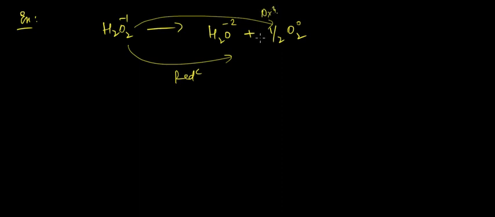Is it oxidation? Yes, this is oxidation. Why? Because H2O2 is releasing one electron to convert itself into a 0 state. Okay, so this is an example of disproportionation reaction.